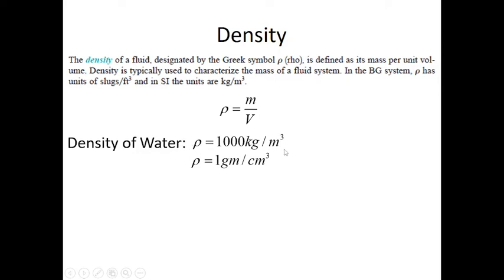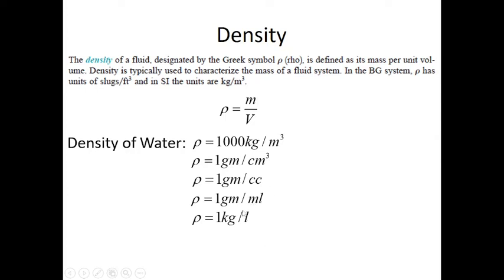Okay? This is the standard density of water. Standard yan. Rho equals to 1,000 kilogram per cubic meter. Rho equals to 1 gram per cubic centimeter. Okay? Rho equals to 1 gram per cc. 1 gram per ml. Pare-pareho lang yan. Remember that. 1 kilogram per liter.